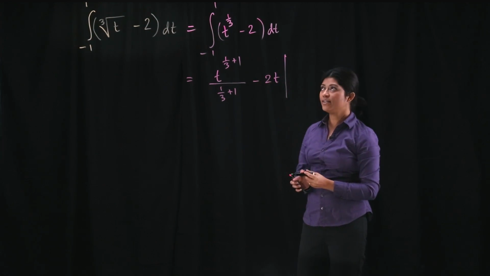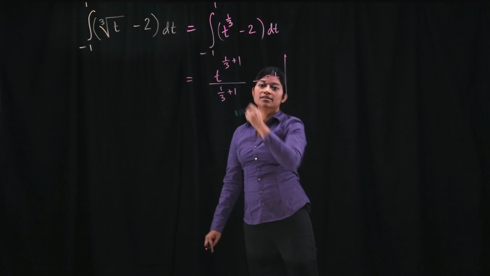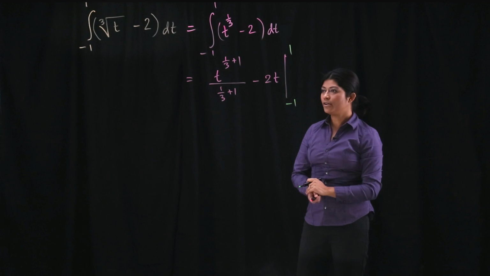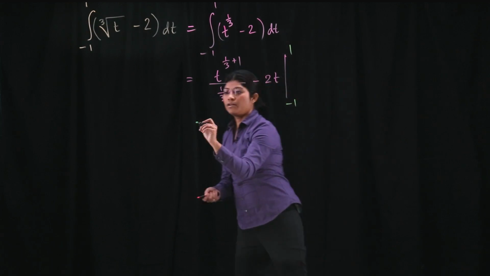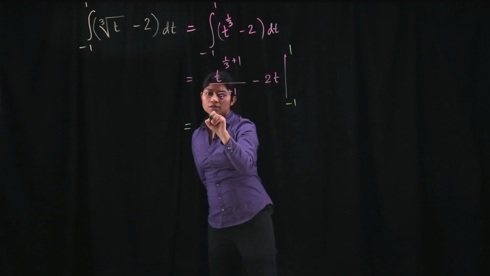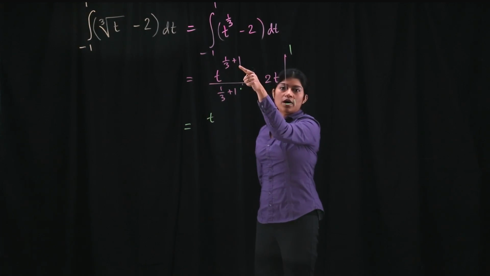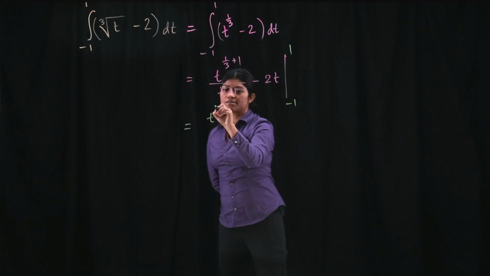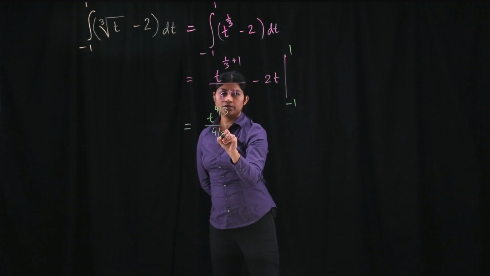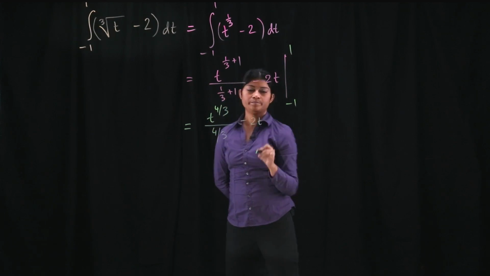We have our antiderivative already. Now we just have to apply the fundamental theorem, plug in the two limits, -1 and 1, and then we'll find our value in the end. Okay, so first, let's simplify this expression. So 1/3 plus 1 is 4/3, divided by the same constant, 4/3, minus 2t.